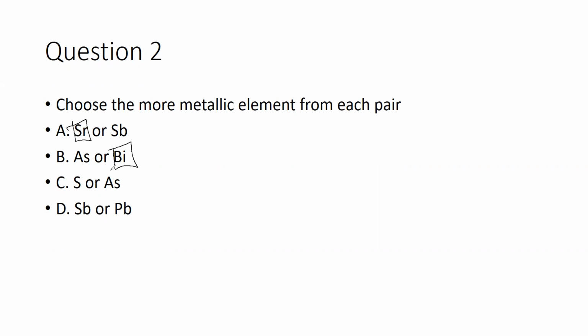S versus As, sulfur versus arsenic. Arsenic is to the bottom left of sulfur, so it's arsenic. Then Sb versus Pb. Pb is lead, and Sb is antimony. Lead is to the bottom left of antimony, so it's lead. So that's all. Remember, the bottom left is the most metallic, so you're just looking for that.